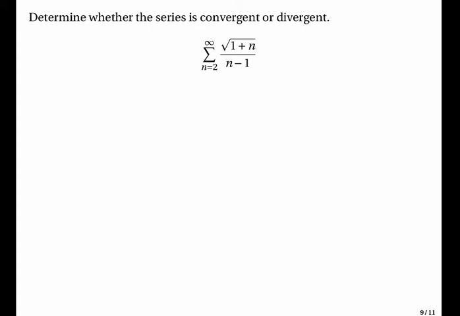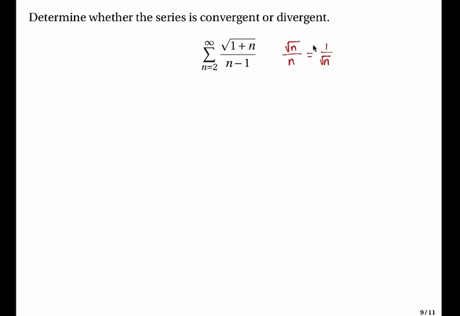So what I mean there is you can consider the term square root of n over n, which is just 1 over square root of n. And try to compare this term with this term here.